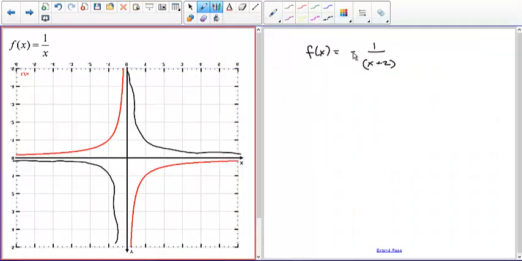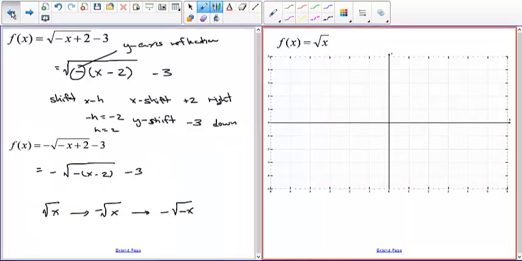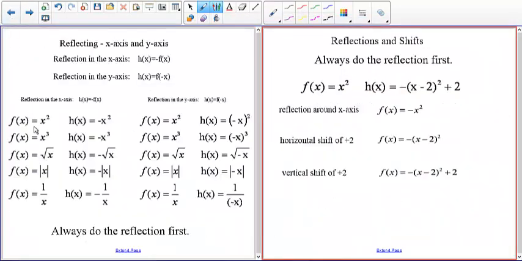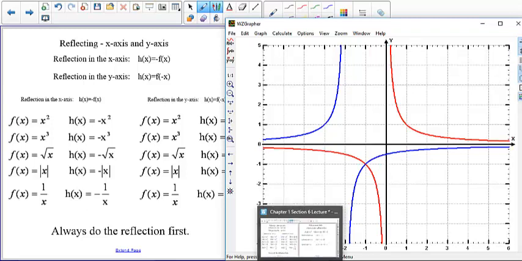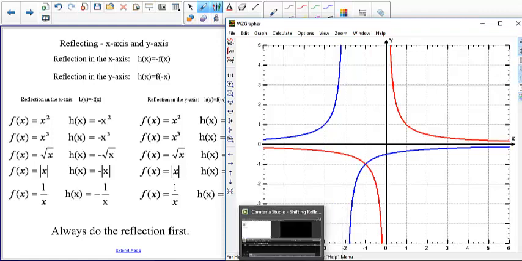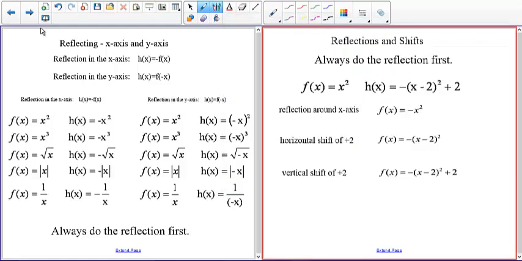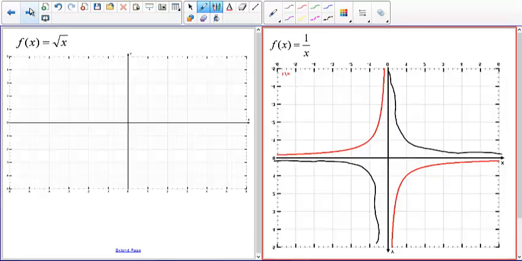So if the negative is out in front of the argument, let's go back here. So the argument here, it's an x-axis reflection. So why isn't that doing what I thought it was going to do? Well, I think it did. Let's go back here. Okay.